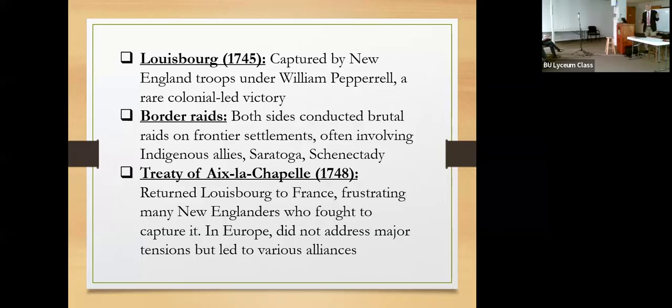That was the same here. England was willing to make concessions. And the French are saying, we must have Louisburg back or we lose control of the St. Lawrence, you see? So that's a no-brainer as far as they're concerned.